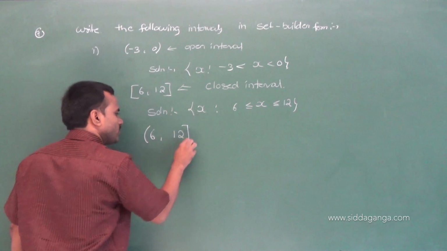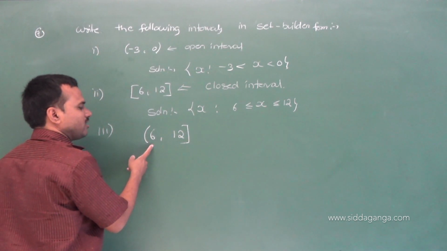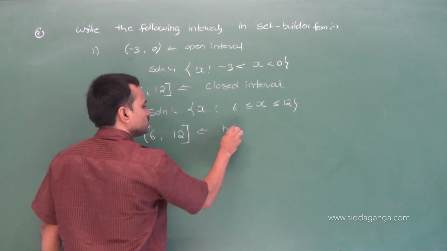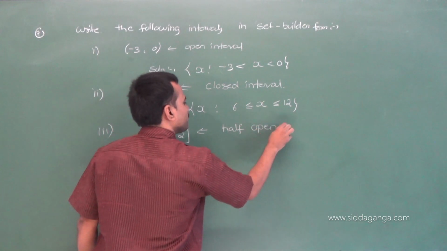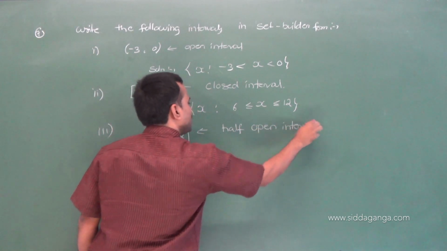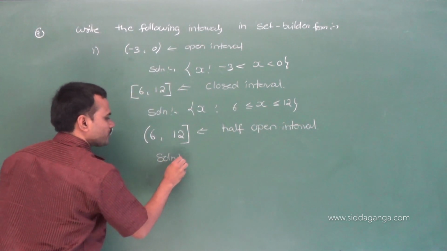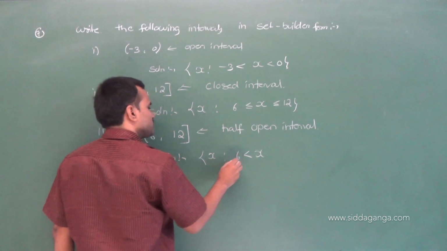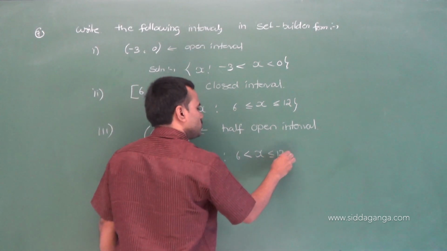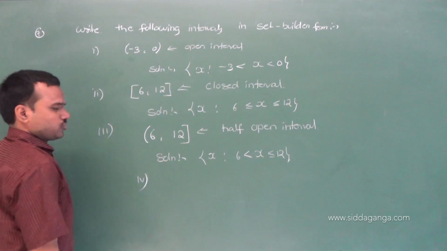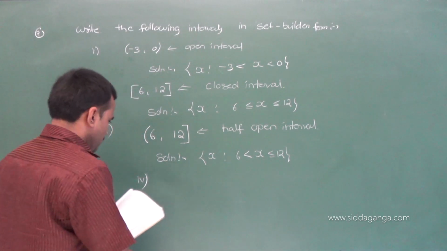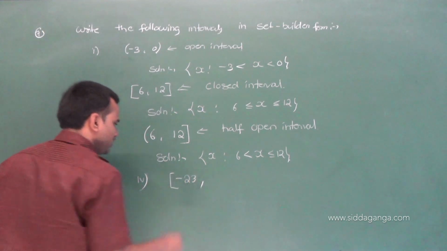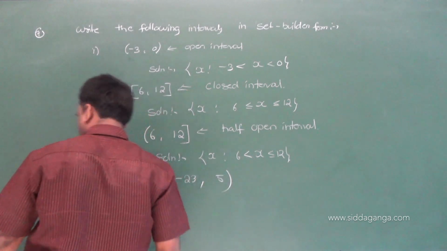Third question. 6 comma 12. Observe carefully. Half open interval or half closed interval. 6 is excluded, 12 is included. Solution: X such that 6 is excluded means greater than 6, 12 is included, less than or equal to 12. Fourth question. Minus 23 comma 5.